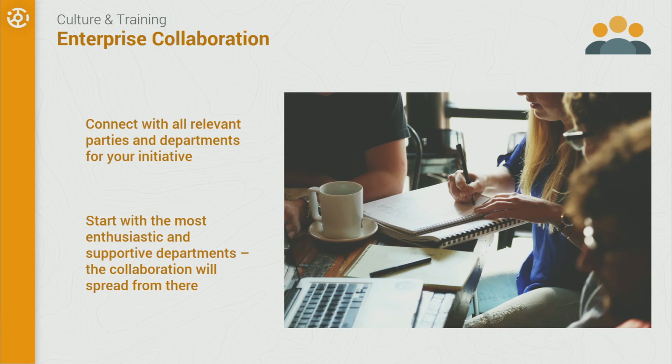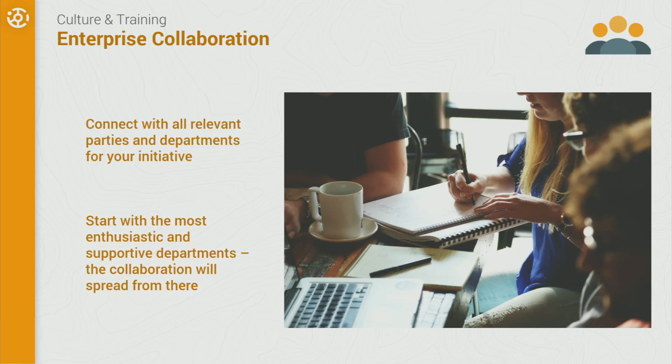For enterprise collaboration, it's important. I've hit this time and time again, but that's because this is one of the major components of the hub: you're going to allow these internal departments to collaborate more. You're going to be able to connect all the relevant departments with the initiative and its content. We've seen a lot of times that there'll be one major department that isn't on board, and that could throw off the whole initiative because they have maybe a key data set or an authoritative data set that you need to complete the initiative.